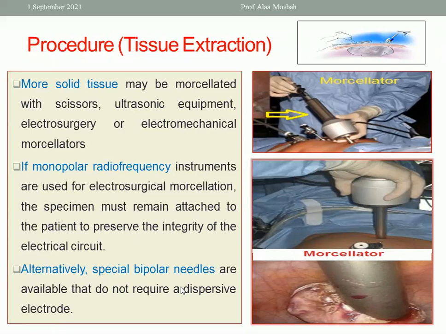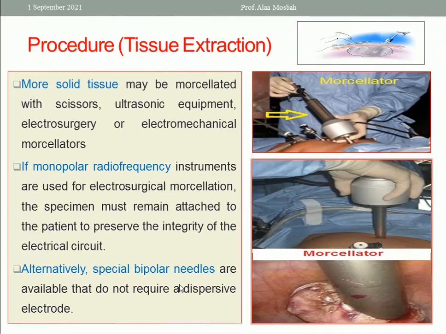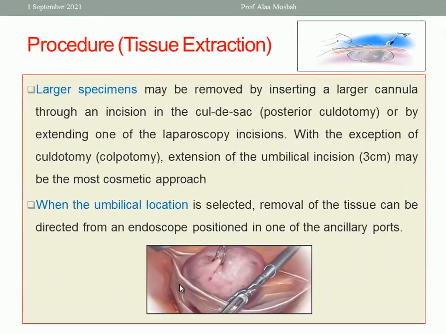This mass should be in contact with the patient's abdomen. Why? Because to preserve the integrity of the electrical circuit. Alternatively, you may use bipolar needles, which are available and don't require a dispersive electrode. So bipolar is safer, of course.